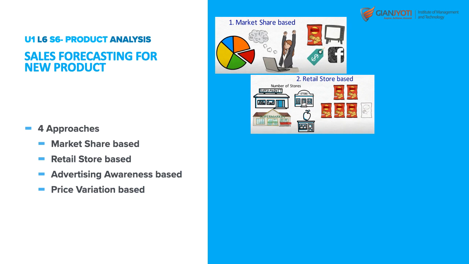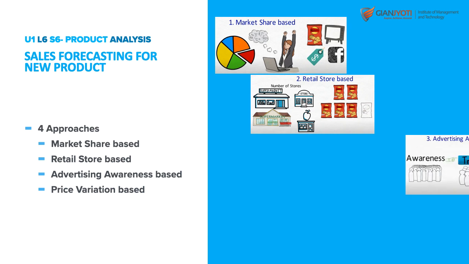Number two is your retail store based, where you try to see how many retail stores you have. This is more to do with the logistics approach, and how much a similar product is being sold there, and how is your distribution channel for that.